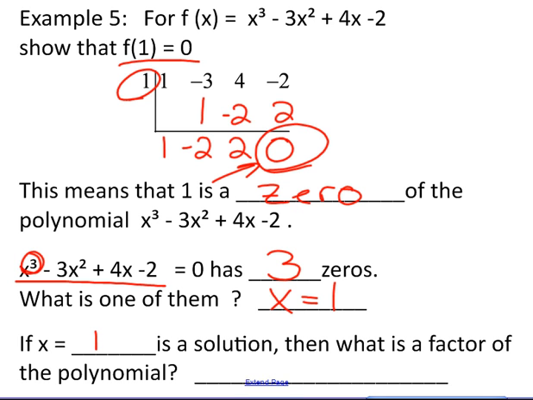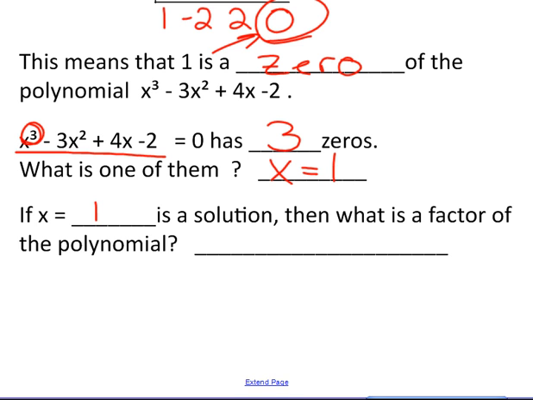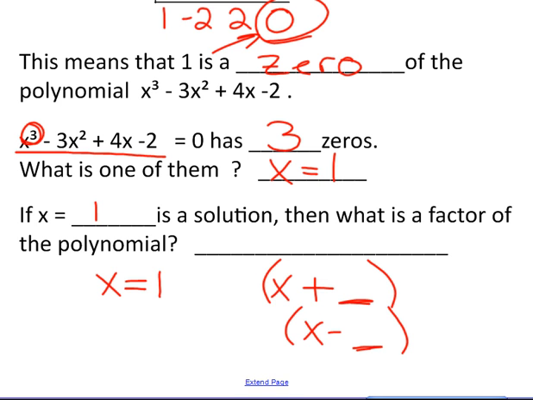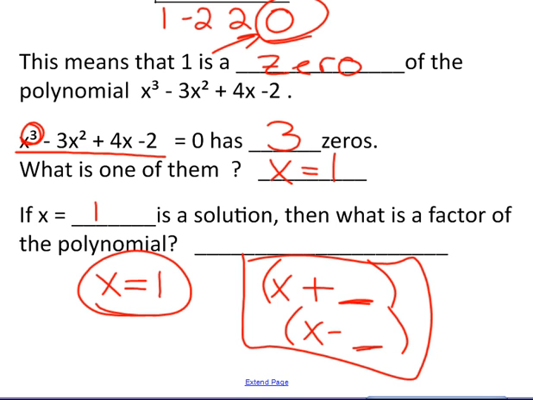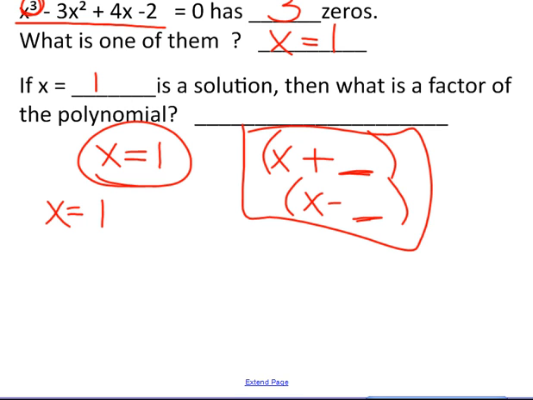So if x equals 1 is a solution, or a 0, or a root, we need to figure out what the factor would be that would correspond to that. Remember a factor looks something like, in parentheses, x plus some number, or x minus some number. So if I have x equals 1, normally we would just leave it as x equals 1, but I need the x and the number to be on the same side.